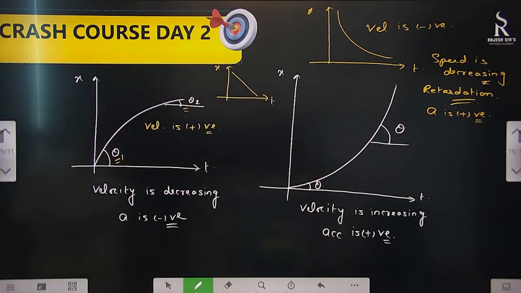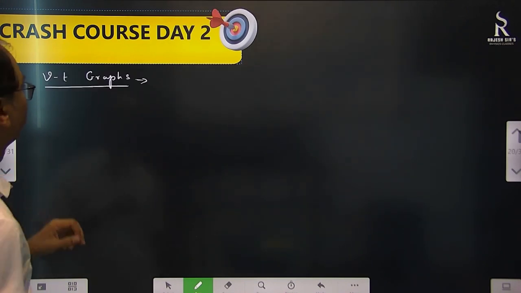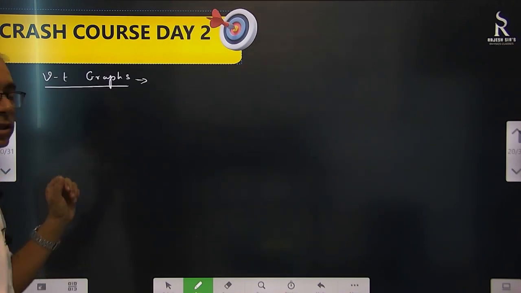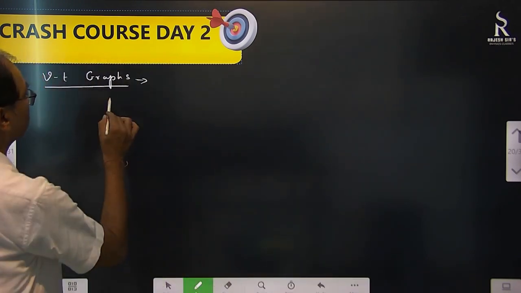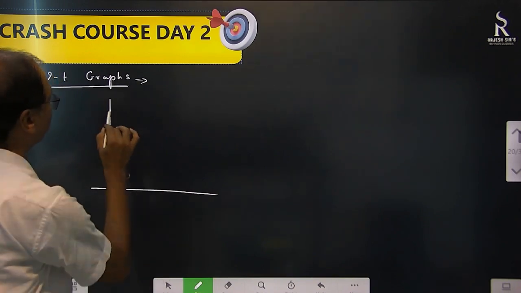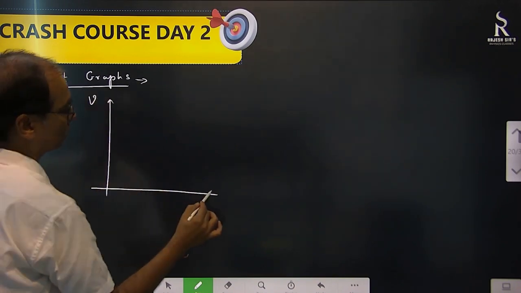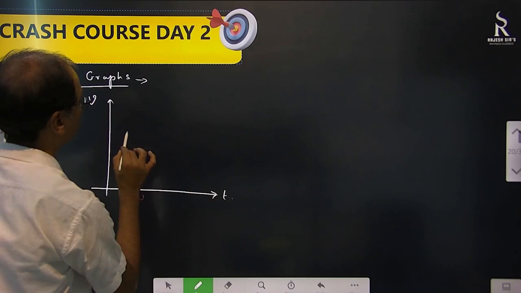This is the xt graph at the moment. Now let's go on to the vt graph. This is a vt graph. Again we will start in the same way, with a straight line.